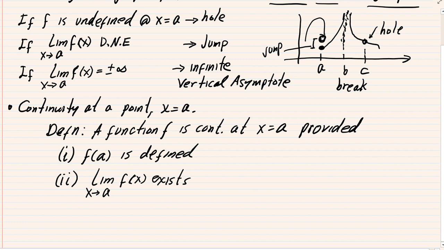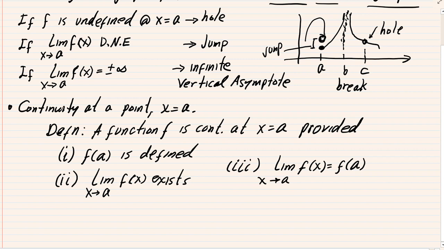So that means it does not fail to exist, and it's not an infinite discontinuity. And finally, part 3 of this definition, which brings together parts 1 and 2, the limit of f of x as x approaches a exists, and it equals f at a.